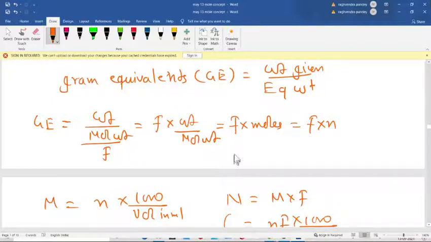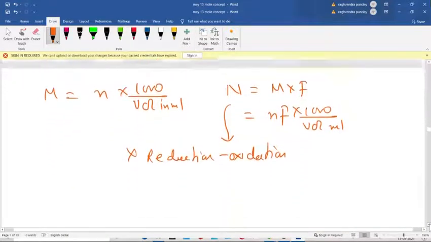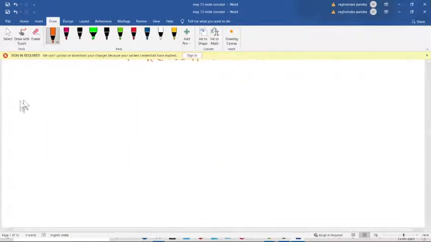Okay, now let's start the law of chemical combinations. Yes, that is a very simple topic. Only 10 minutes are required.